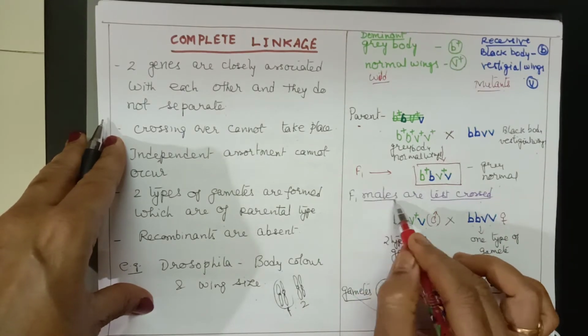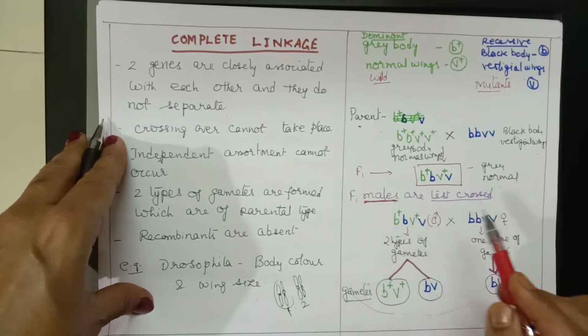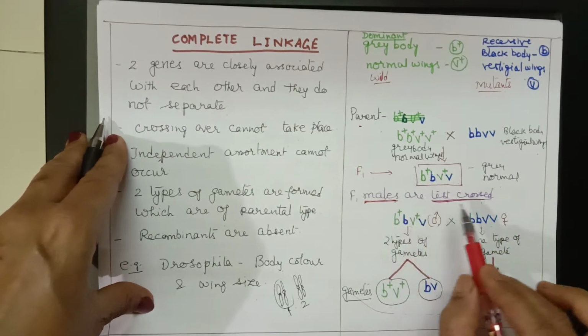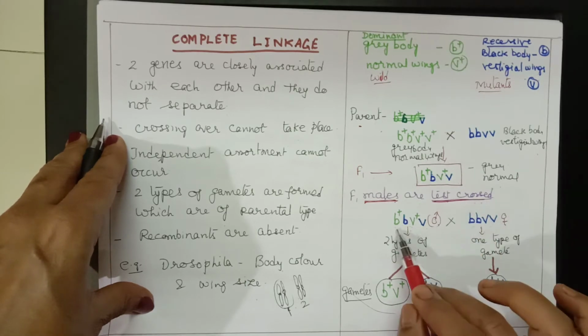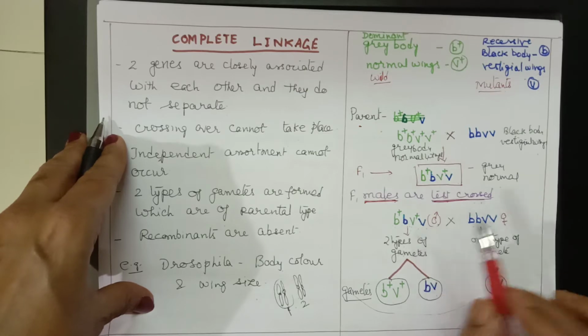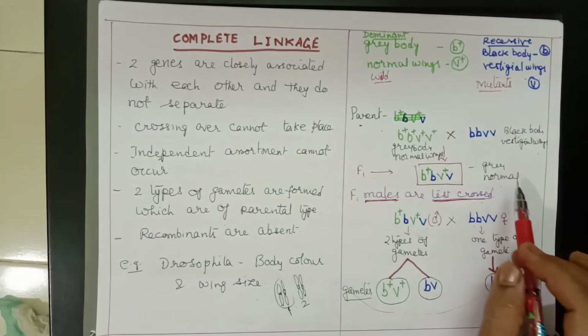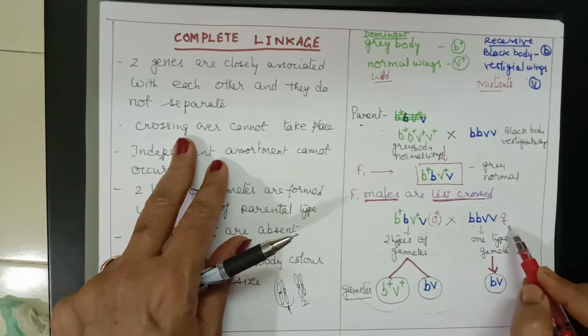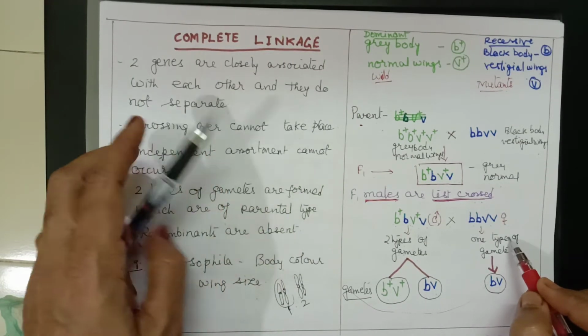When F1 males are test crossed, these heterozygous males, showing gray body color and normal wings, are crossed with a completely recessive female.